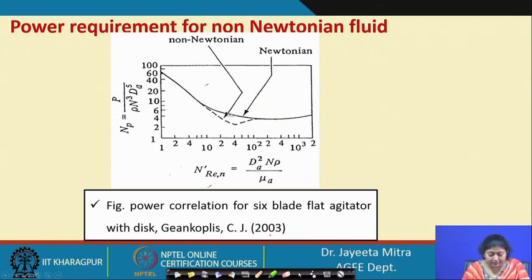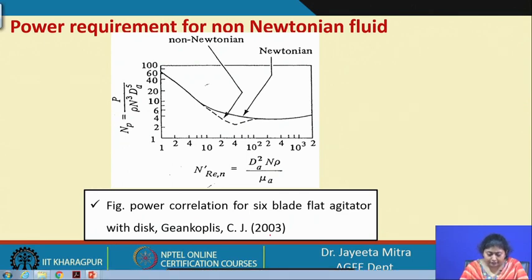In the transition region we actually have some effect, and again at very high Reynolds number we can observe some change, but it is not that prominent. Okay. So, for the non-Newtonian we are getting a lower power number in the transition region. This correlation has been developed for a 6 blade flat agitator with disc.